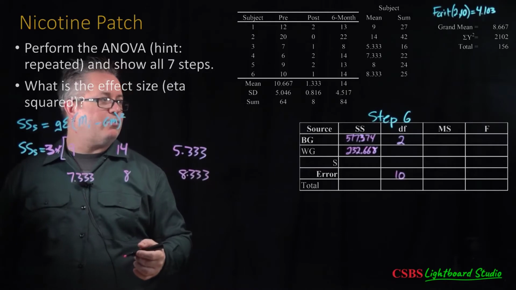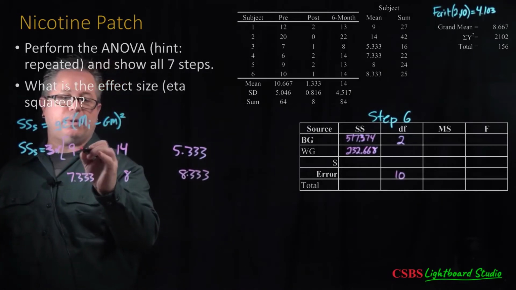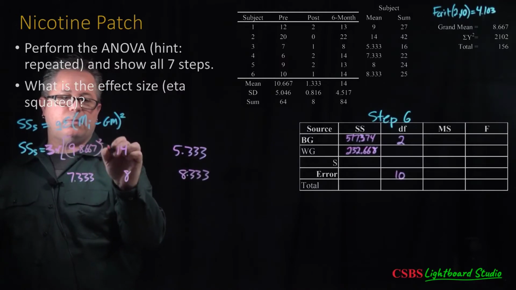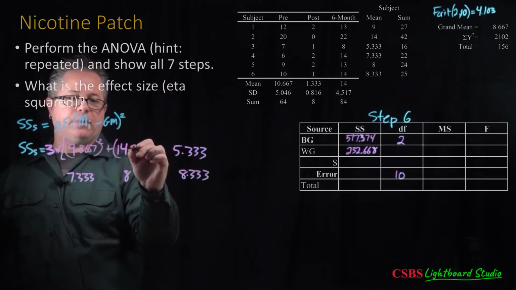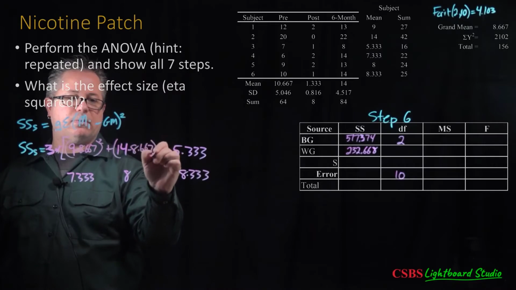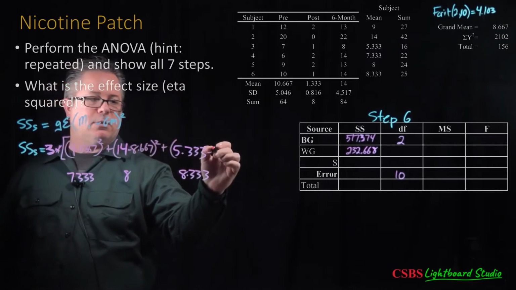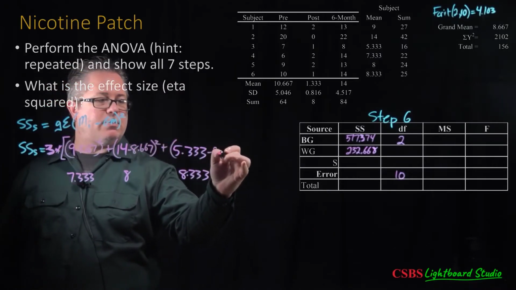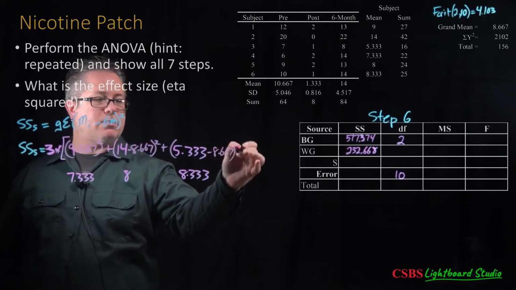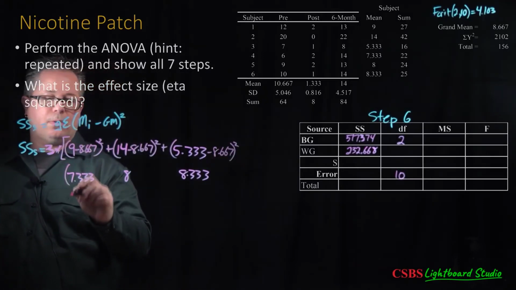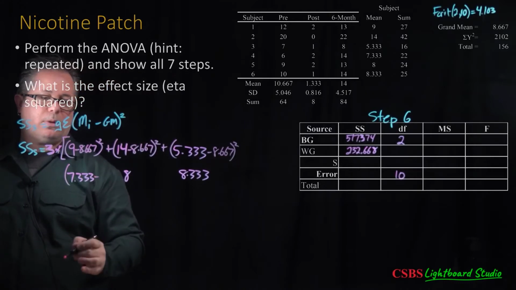So for each one of those, I'm going to subtract out the grand mean. So this is 9 minus 8.667 squared plus 14 minus 8.667 squared plus 5.333 minus 8.667 squared. Check out that.